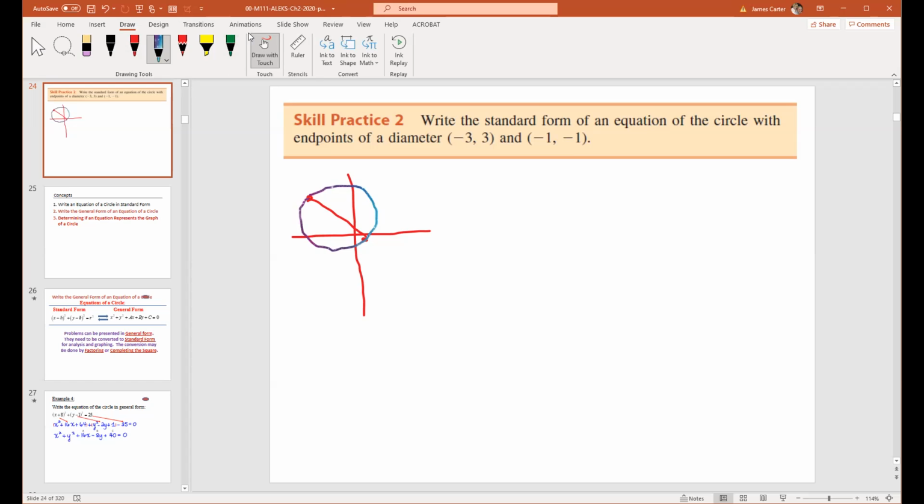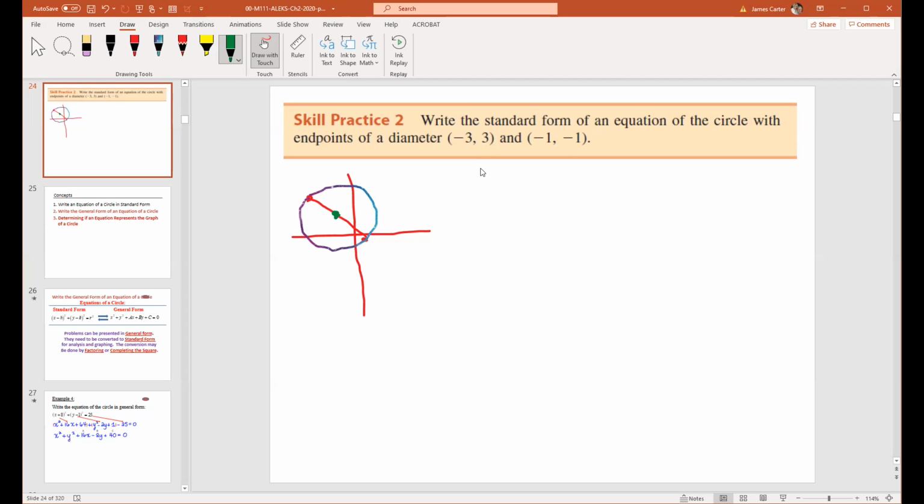Now, part of what we've got to do is find this center point right here, because we have to find that center before we can write the formula of the circle. Now, we don't know what the radius is or anything like this.